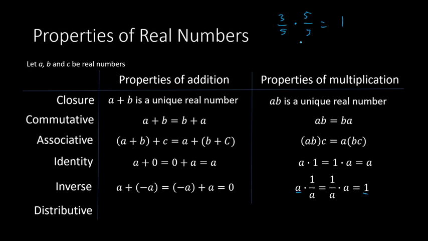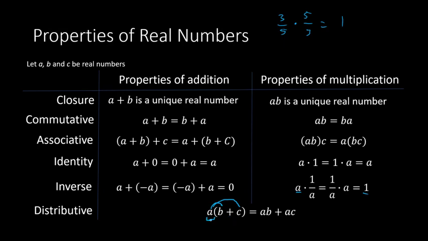And then we have what's called the distributive property. This is not really categorized under either addition or multiplication. It's kind of its own thing. And we've discussed this on the previous slide when we're simplifying. But your distributive property says that we can take a number outside of the parentheses, and then we can distribute or share it to the different terms inside of the parentheses.